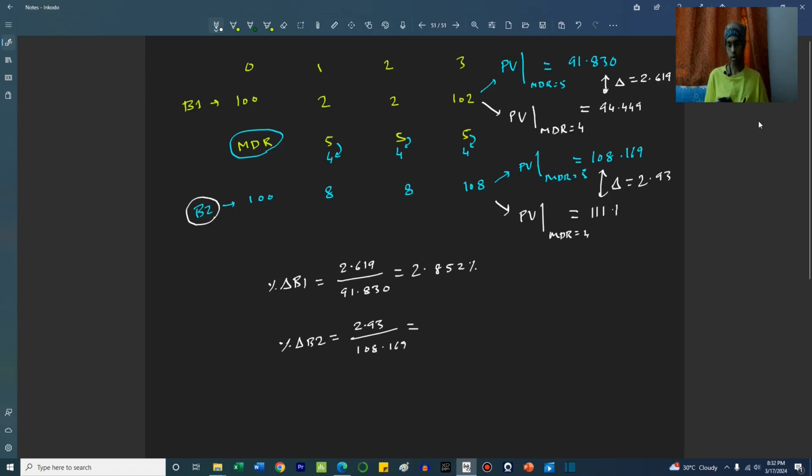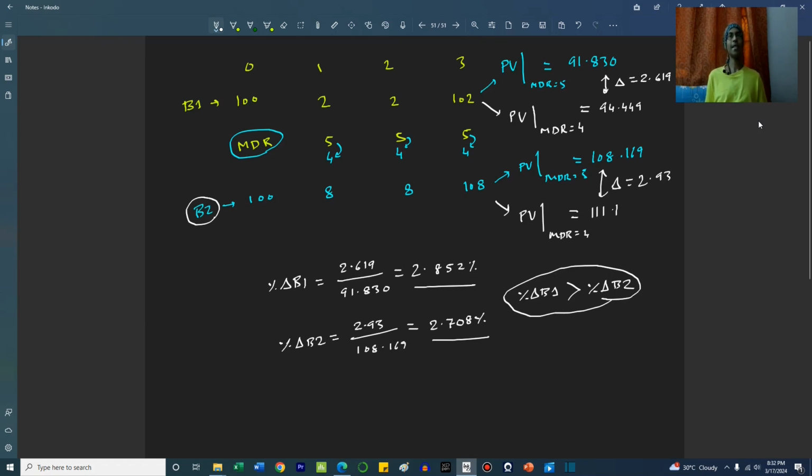This is 2.708%. So, if you compare these two percentages, you will see percentage change of price for bond 1 is greater than percentage change of price for bond 2. This is our third postulate.